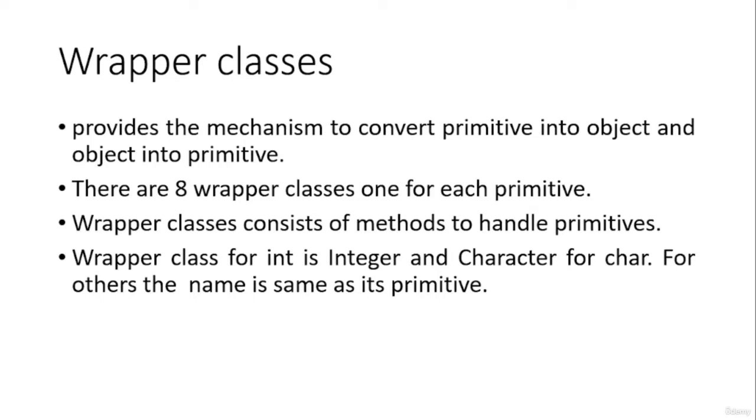You have a handful of methods that can be used to manipulate their particular primitives. Examples of wrappers: for boolean it's Boolean, which starts with a capital because it's a class, and similarly for int it is Integer and for char it is Character.